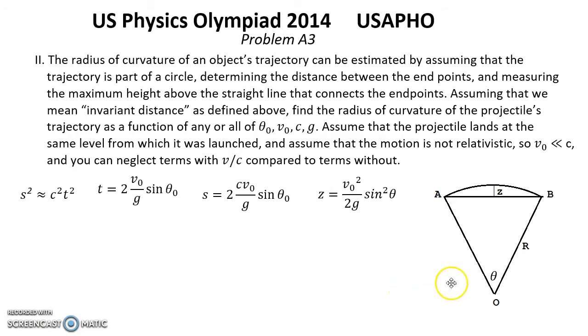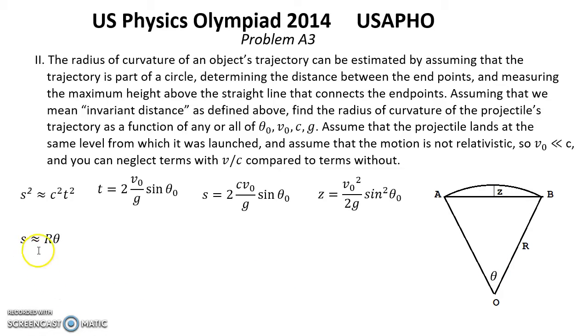Suppose that this is the graph of our trajectory in space-time coordinates s and z. In that case, AB will be this distance, and z, that's the height, this one. And now we can find the radius of this curve. We can find it from such equations.